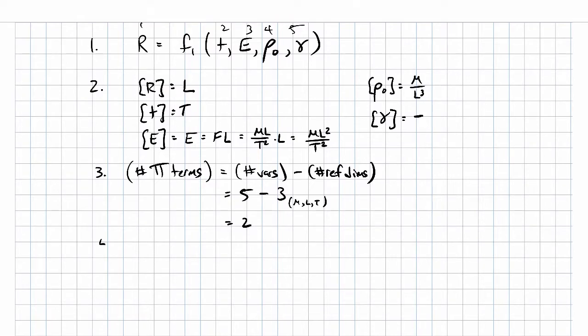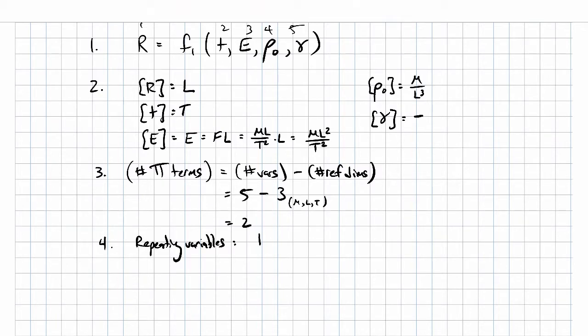So to find those pi terms, we'll choose some repeating variables. We'll choose 3 of them because we have 3 reference dimensions, and those 3 variables will come from the right-hand side of the equation. Normally, the choice of repeating variables is not unique, but here it is, actually.